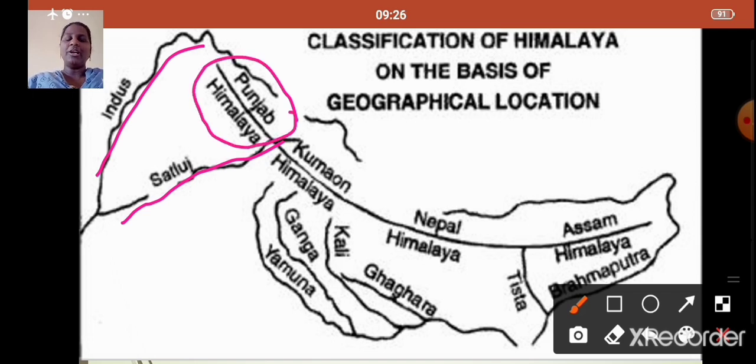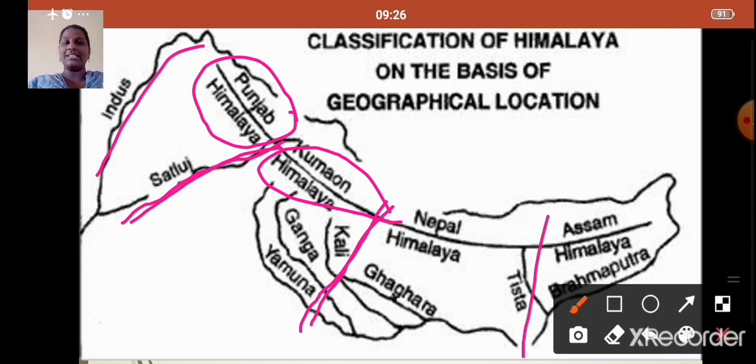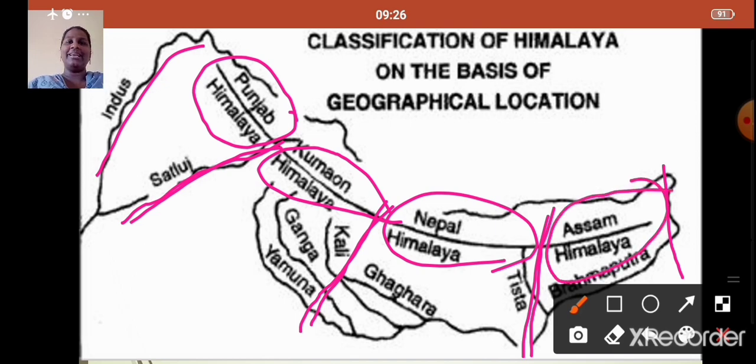Okay, and the part of Himalayas lying between Satluj and the river Kali is called Kumaon Himalayas. The part lying between river Kali and river Tista is called Nepal Himalayas. And the part lying between river Tista and Dihang is called Assam Himalayas.